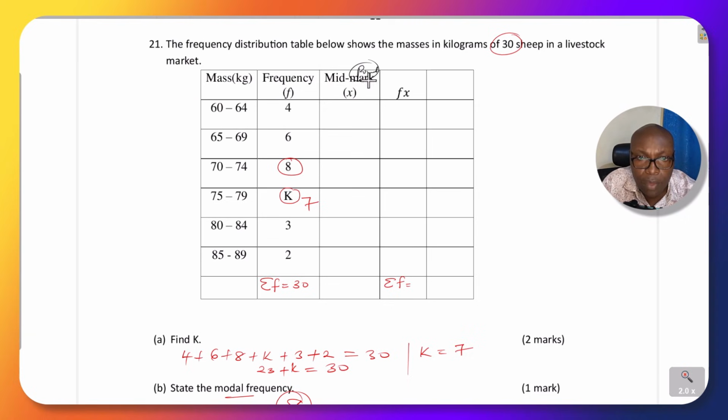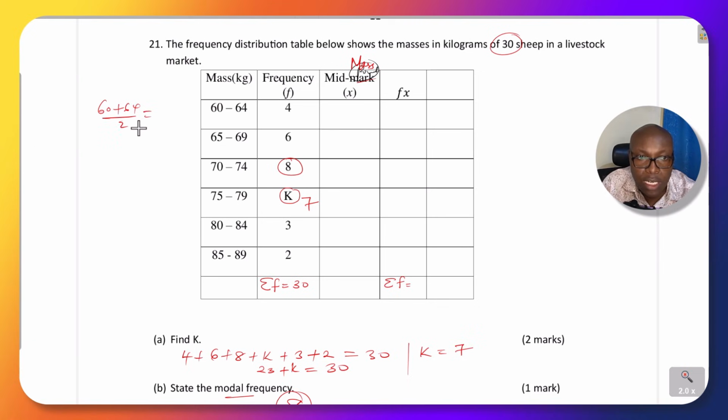We don't have the midpoint of these classes, the mid mass. So the mid mass will be given by simply taking 60 plus 64, and then you divide by 2.